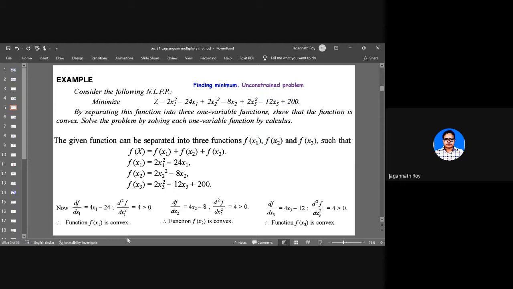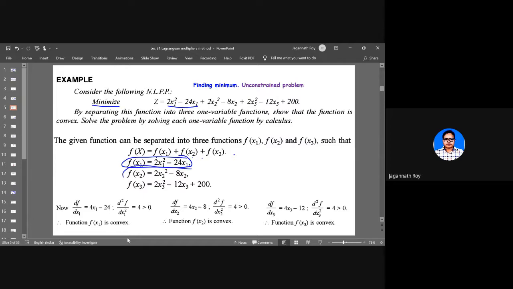Now, if we are lucky, the function that we are going to minimize or maximize can be written as a sum of some different functions which are separable.